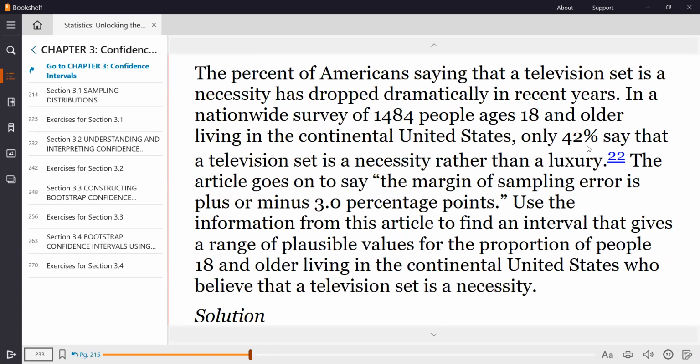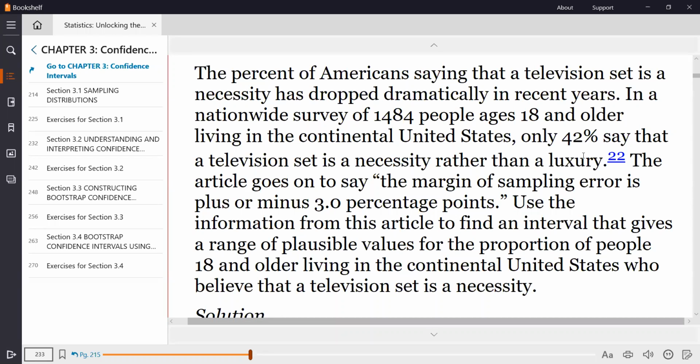So really, 623 people out of 1484 answered the question that it's a necessity rather than a luxury to have a television set. And if you take 623 and divide it by 1484, it comes out to 0.4198, which rounds to 0.42. So now we know it's probably 623 people.